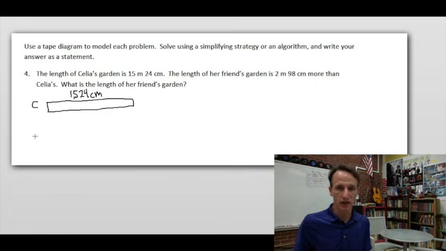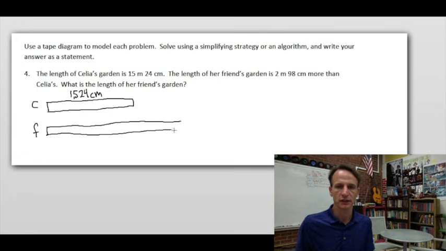And now the friend, apparently nameless, so we'll just put an F for friend. Is hers more or less than Celia's? Yes, we're looking at the length of her garden, and F for friend is more. Yeah, but Celia's not jealous. Her carrots have come up better.